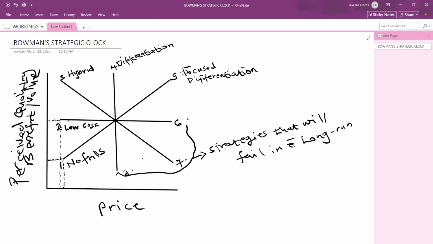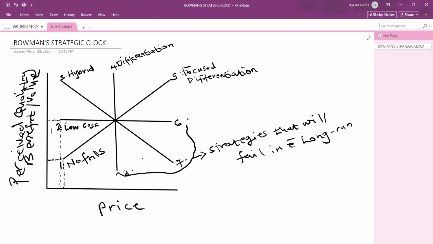So you see the low cost. Now, this low cost is what Michael Porter described as the lowest cost producer, cost leadership. Good, that's the right word. So this low cost is what Michael Porter called cost leadership. Why is it cost leadership?